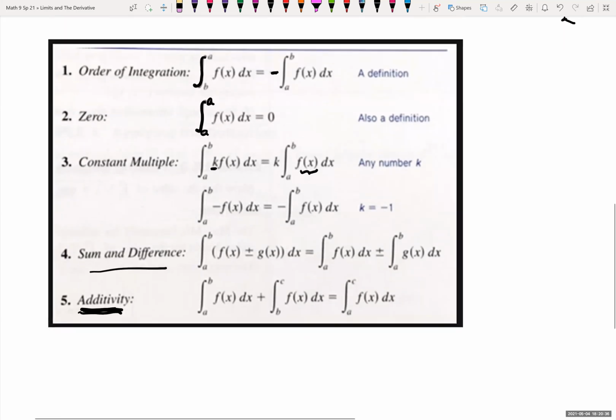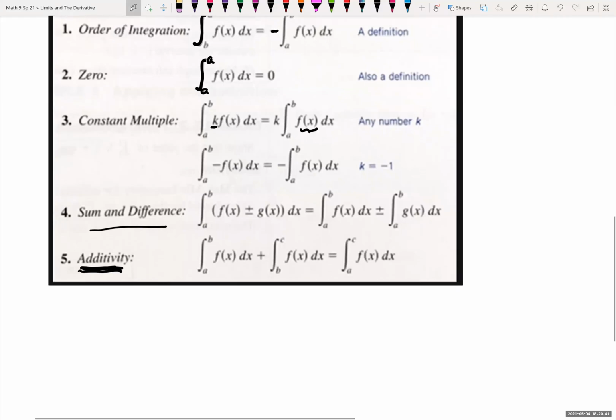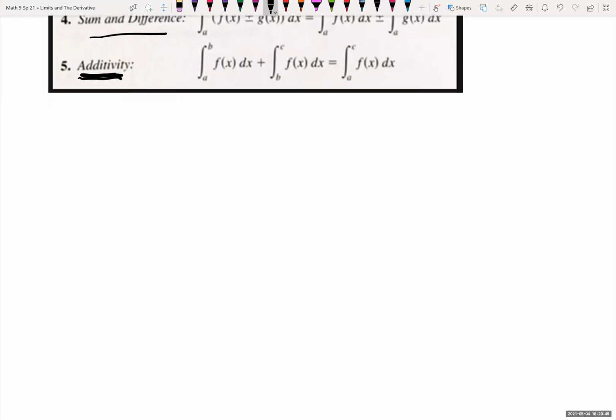So let's go back. We had looked at an example with rectangles and the different endpoints of our rectangle. Let's look at the answer to that using this definite integral. We had f of x equal to, what was it, 3x plus 2, and our bounds were from x equals 1 to 3.